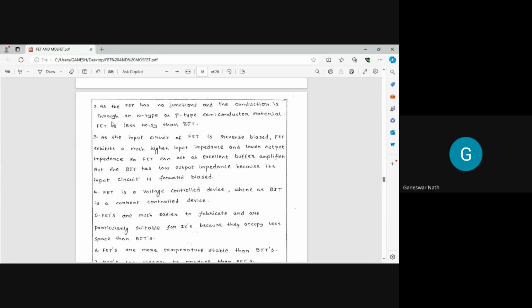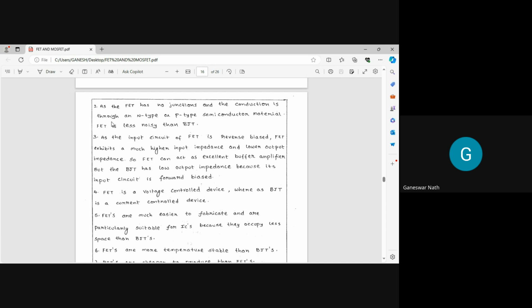Maybe a short question: why are FETs less noisy? Because the current flows through the channel, there is no junction, so that is why it is less noisy than the BJT. As the input circuit of FET is reverse biased, FET exhibits a much higher input impedance and lower output impedance.